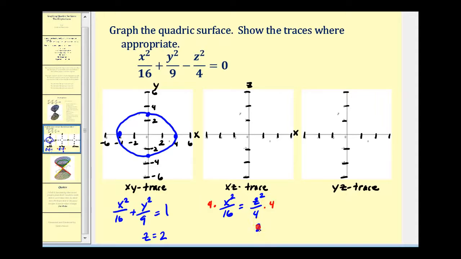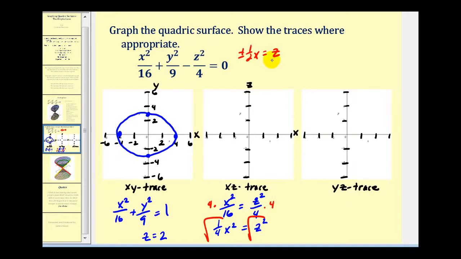That's going to give us z squared equals 1/4 x squared. Now we'll go ahead and take the square root of both sides of the equation. Both sides are perfect squares. We're going to have plus or minus 1/2 x is equal to z. Let's go ahead and write that up here. Again, we'll have plus or minus 1/2 x equals z.